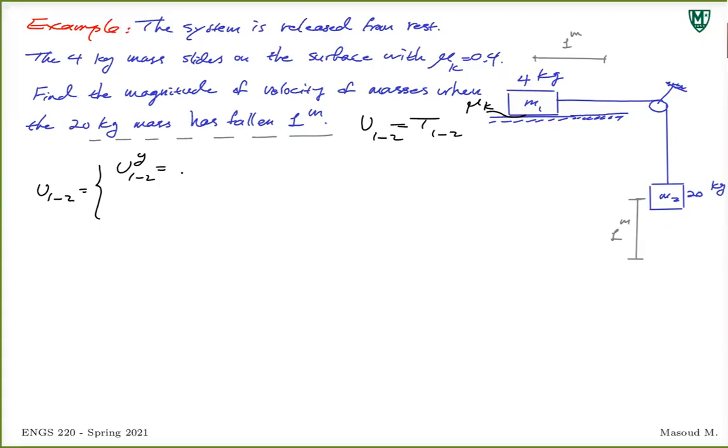So that would be m2 g, and it's going down. I can always put the negative here and then say delta H would be -1 because it's going down 1 unit. Or if you feel confident, just put m2 g delta H because it's going down. Remember that should be positive.